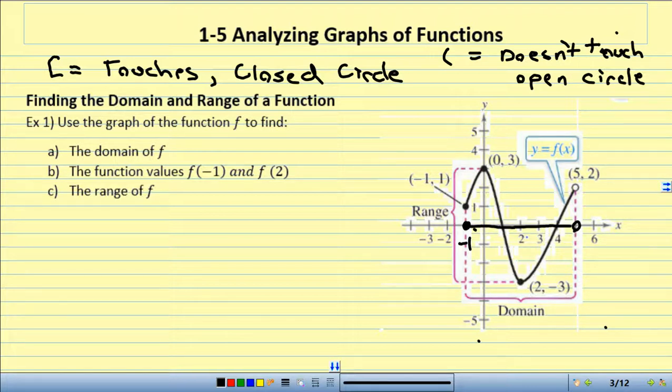The graph ends at x equals 5 with an open circle. So I can say the domain is all values for which x is less than 5 or x is greater than or equal to -1.